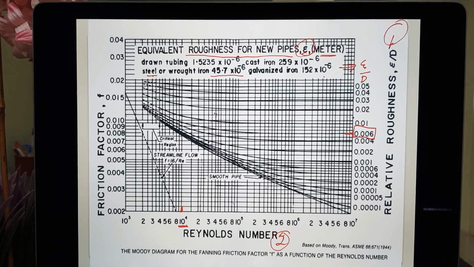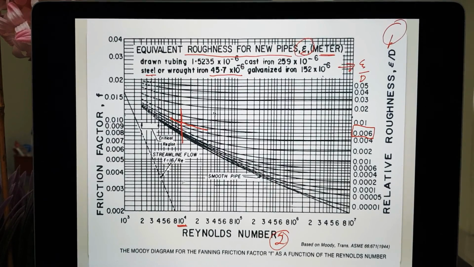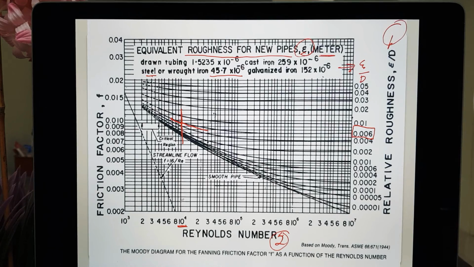So bring together these two lines and find the intercept point between 10 to the power 4 as well as the line of 0.006.